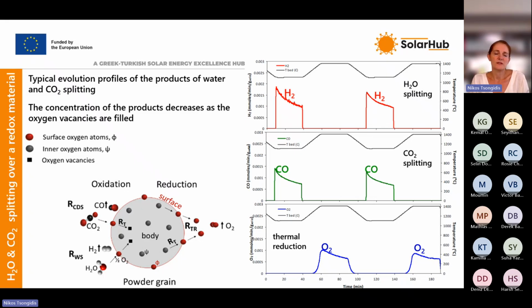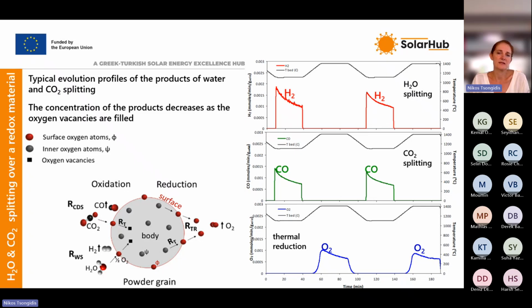So focusing on the metal oxide, we have the exchange of oxygen from the gas phase to the solid phase. In the case of the reduction step, as I said, we have release of oxygen from the metal oxide at high temperatures and inert atmosphere. And during the oxidation, we have removal of oxygen from water or from carbon dioxide, and oxidation of the metal oxide with the oxygen filling up the empty oxygen sites on the metal oxide.